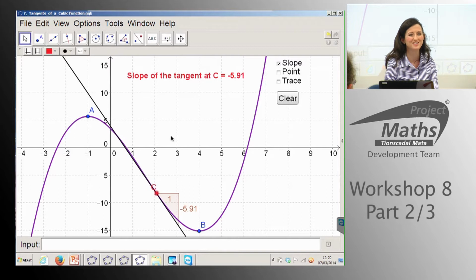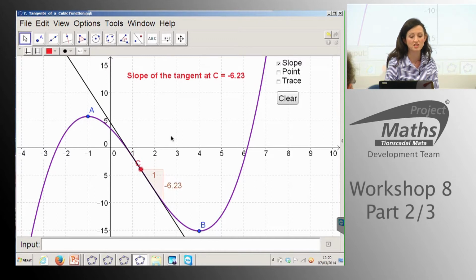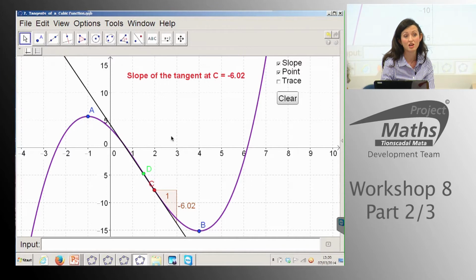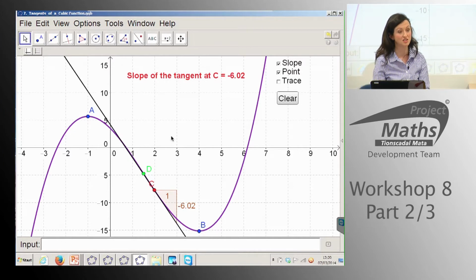It started going back up there. And do you know what that point is where it goes from decreasing to increasing? What do we call that? Yeah, that point there. It's the point of inflection. It's where it stops decreasing and starts increasing. Now, that's a special point, the point of inflection.